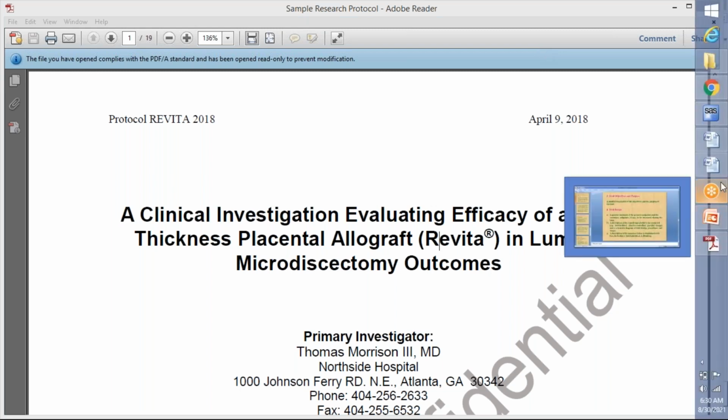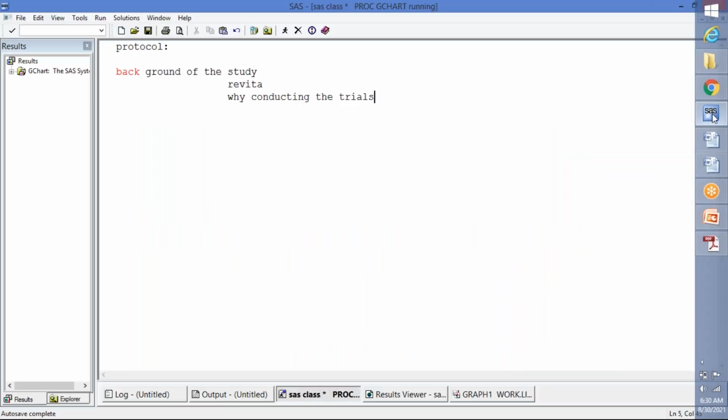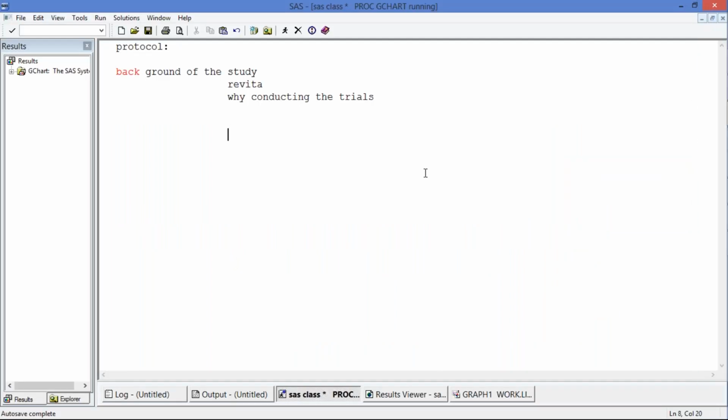Revita is already known for its use in skin ulcers. Revita is already in the market for skin ulcers, wound covering, skin cuts, deep cuts. So what is this placental allograft?